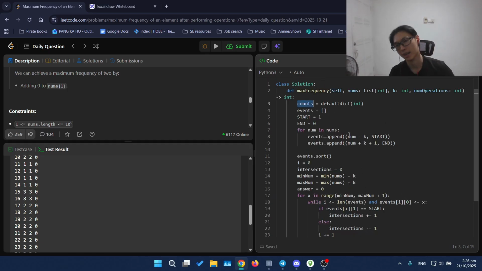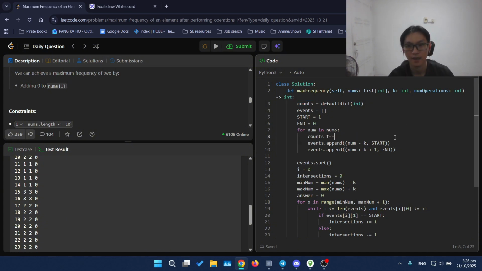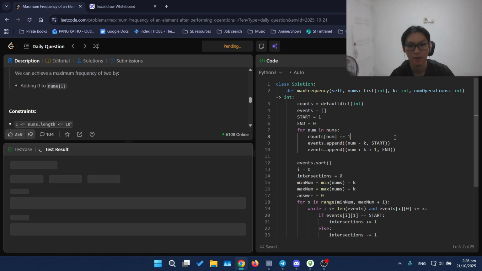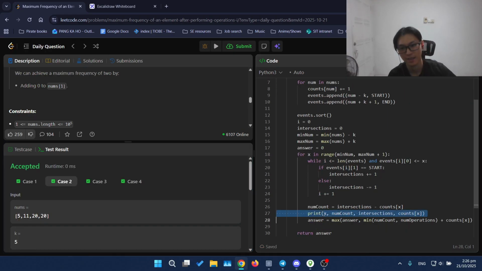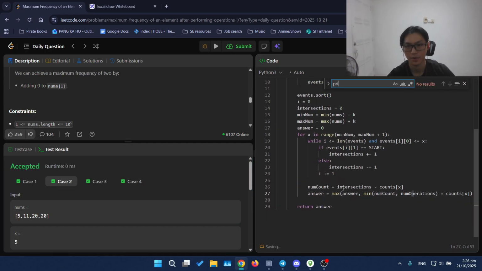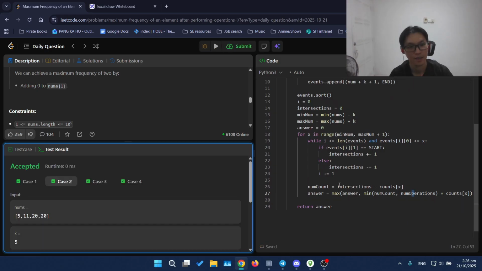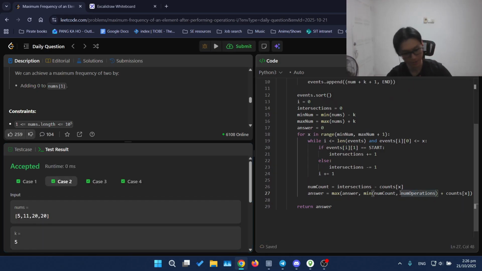Oh my god. Okay. Counts of x of num plus equals 1. Okay. Print. Oh shit. I think this might be 8, boys.